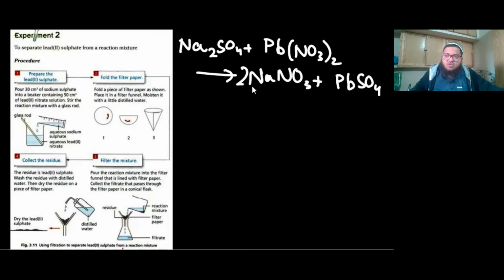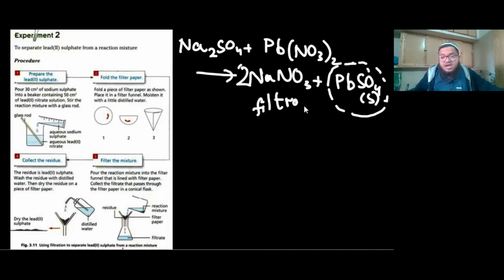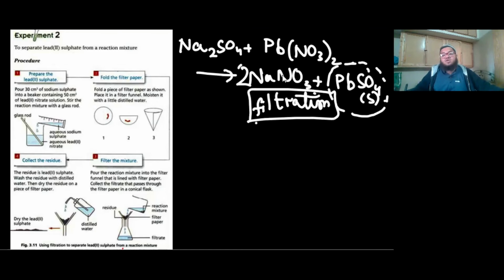And let's balance this out as well. And yeah, it's balanced now. This is our white precipitate solid that has formed, and we now need to remove this solid from the mixture. The technique that we are going to use is called filtration, and filtration is the most common technique for such solids or precipitates which are formed in a solution.